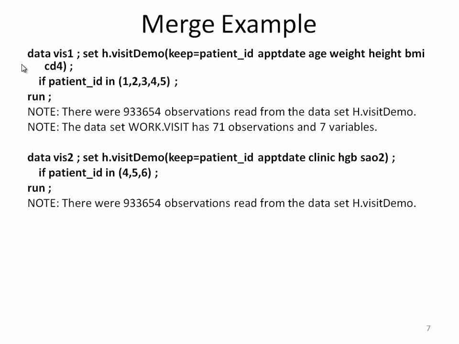And this new data set has 46 observations and 5 variables. Okay, now what happens when I merge these two?